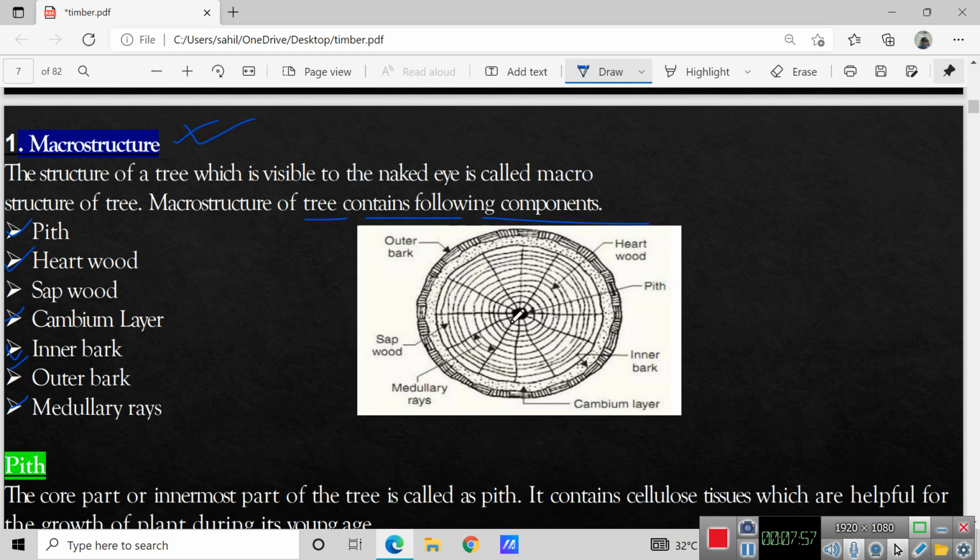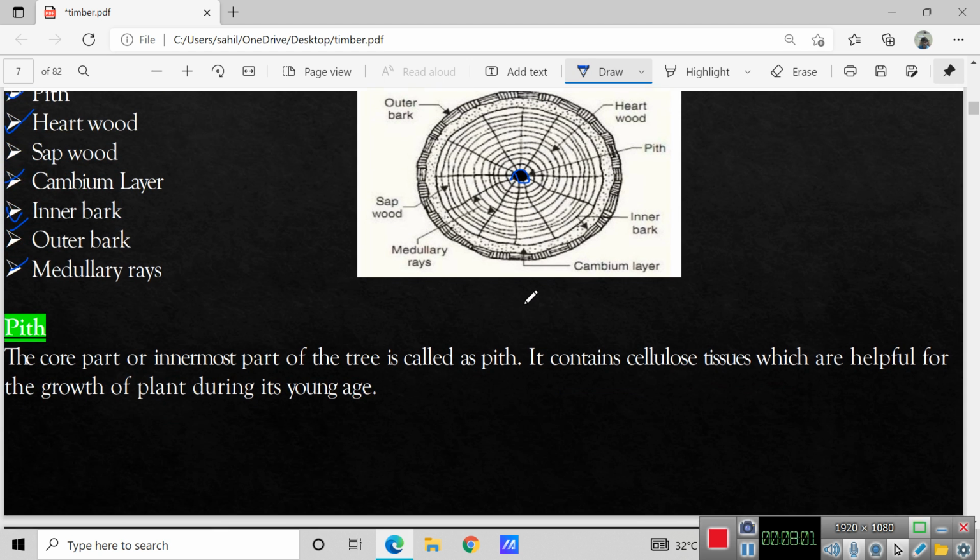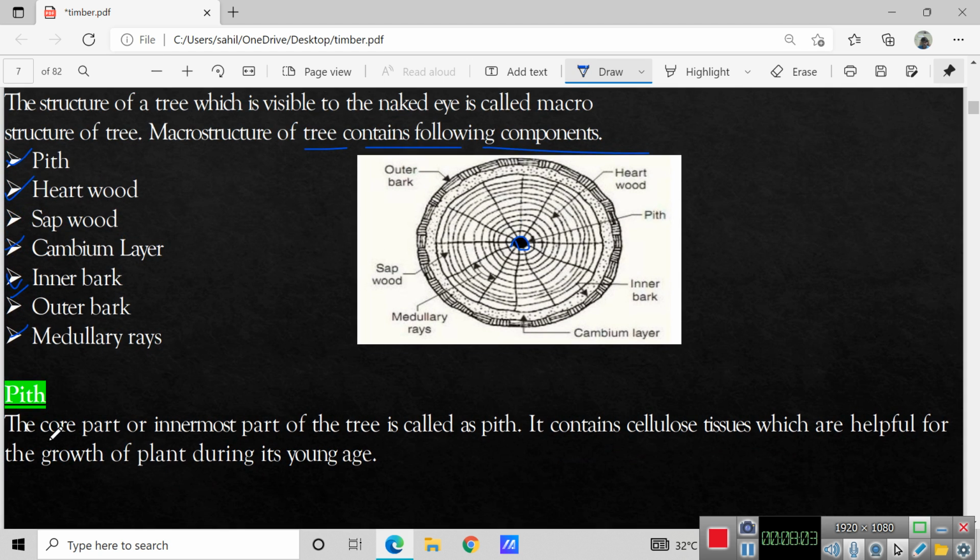Now here in this picture you can see pith. The core part or innermost part of the tree is called pith. It contains cellulose tissues, which act as stored energy for new tissues to grow, which are helpful for the growth of the plant during its young age.